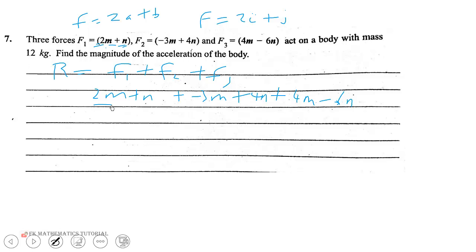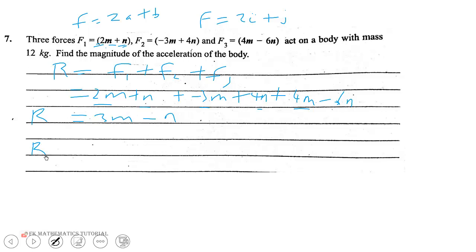So grouping the m's, we have 2m minus 3m, which gives negative m. Then we add 4m, that will give us 3m. Then we add the n's: n plus 4n is 5n, minus 6n will give us minus n. So that will give us the resultant vector.